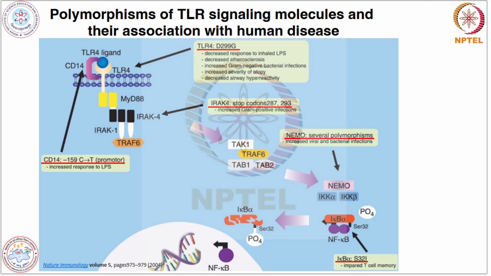So what is IRAK4? This is a kinase in the toll-like receptor. It is a kinase that is responsible for phosphorylation. It is a kinase in the toll-like receptor and in the interleukin 1 receptor signaling pathway. Its main role is to activate the immune response against bacterial infection.